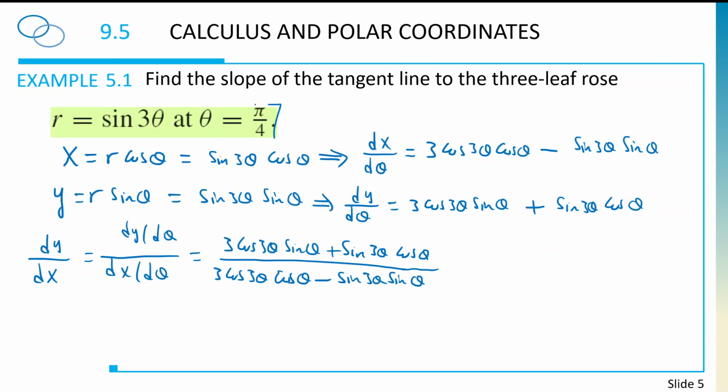Notice that here they need the derivative at theta equals pi over 4. So try to replace the values. It would be equal to 1 over 4, 1 over 2.